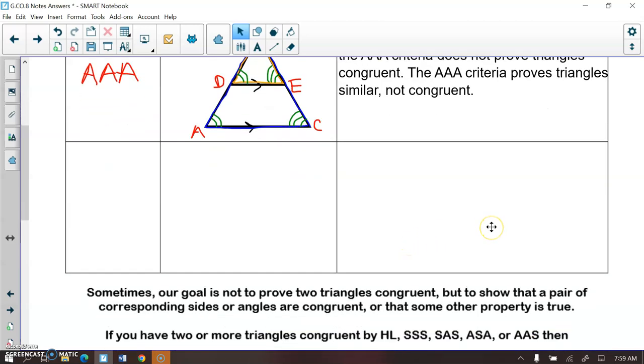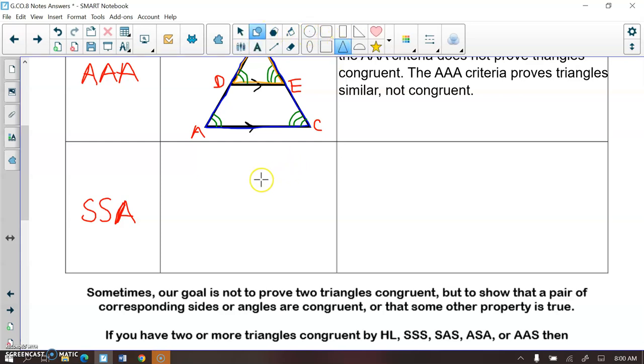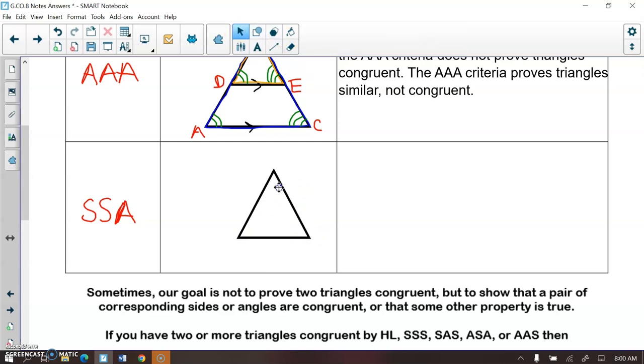We're now going to move on to the SSA, the bad word backwards. We're going to show why this criteria does not prove triangles congruent. Bear with me on the picture. So I'm going to have you draw an isosceles looking triangle.